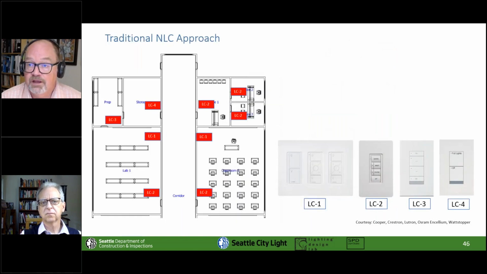The only thing we really need to pay attention to, from a design standpoint, is where the lighting control stations are going to go and what kind of configuration they have. Is it a manual dimming switch? Is it a preset selection? Is it something else? Next slide, Duane.